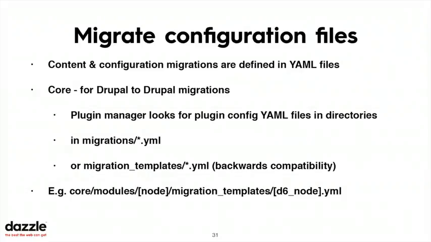In the latest best practices, this folder should be just migrations, but I think most of the folders in Drupal 8 are still using the old structure. Yeah, so basically the Drupal plugin system will find these YAML files for each enabled module, load them as a configuration for a migration plugin, and execute them when the Drupal to Drupal migration is performed.